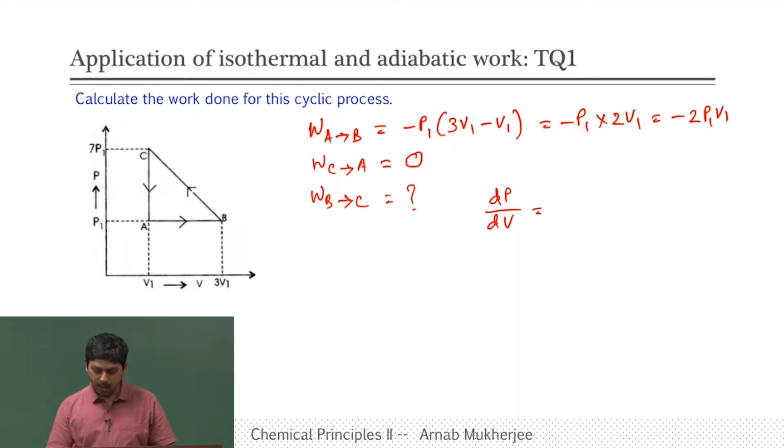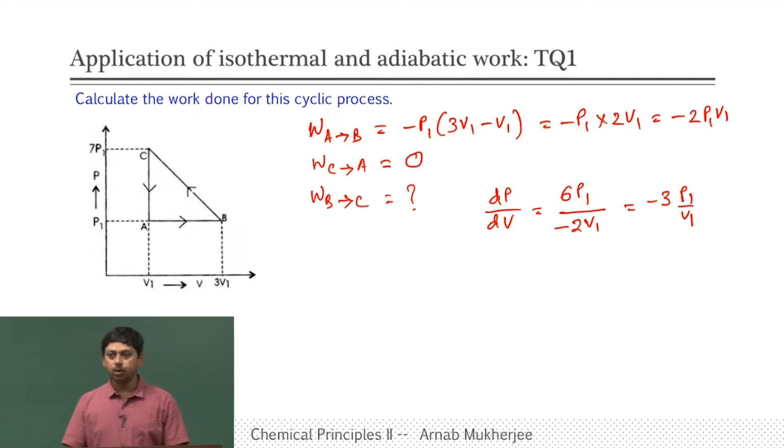Let us say I am going from B to C. I will get a 6 P1 change in pressure, and going from B to C I will get a change of minus 2 V1 in volume. So, the slope is minus 3 P1 by V1.